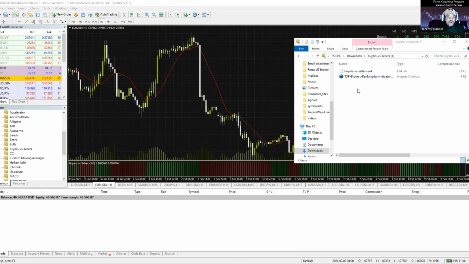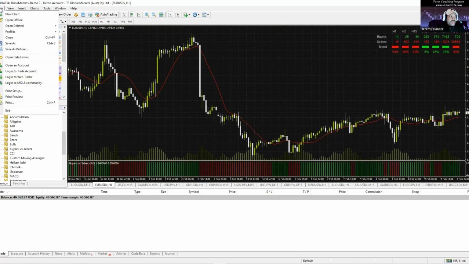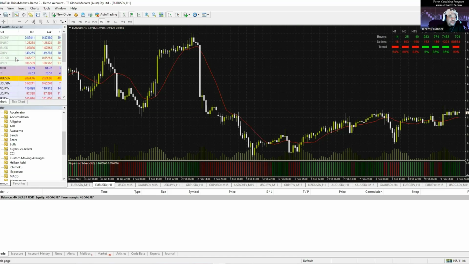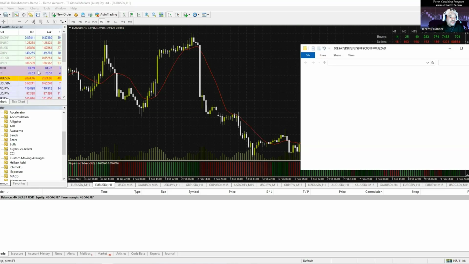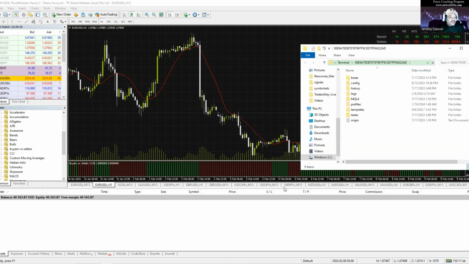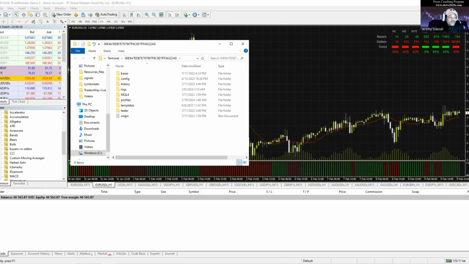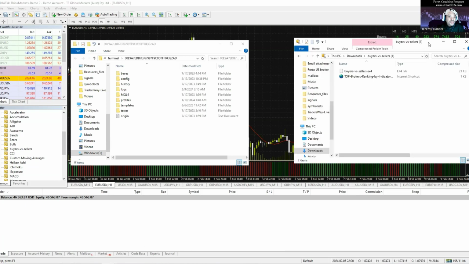And then you're going to go to File, and then you're going to open your data folder. And when you open your data folder, I just move it over to the side, and I like having the zip folder side by side, just like this.